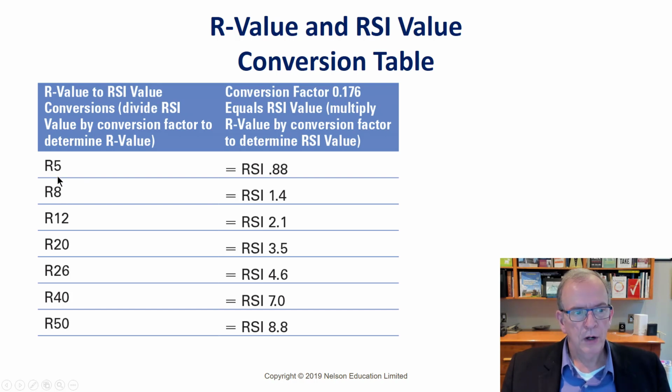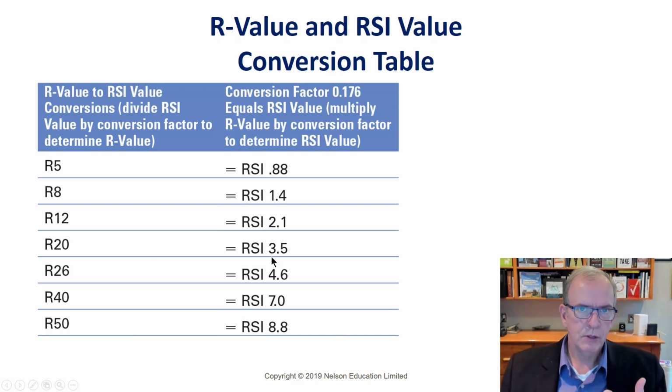So R5, R8. Like 1 inch of extruded polystyrene, blue styrofoam SM or Owens Corning Code Board, is about R5, 1 inch thick, which is RSI 0.88. All the insulation that you buy has pretty much both imprinted on it, so it's not hard to see either or. It's just a simple conversion factor between them that really comes up with the numbers.